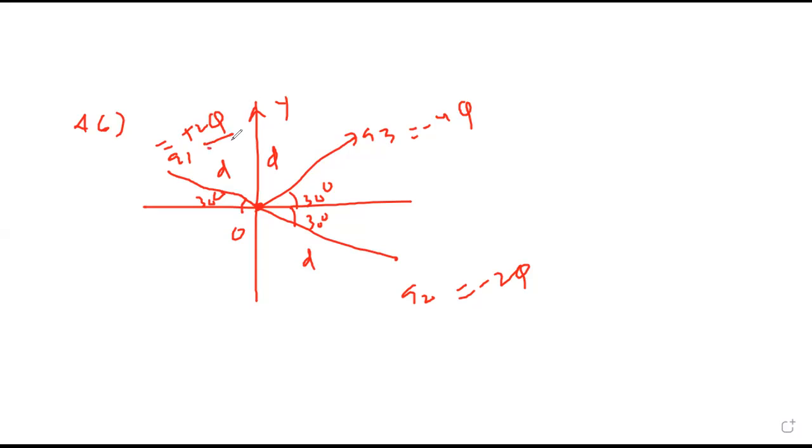Plus 2Q is positive, so electric field E1 will be directed outward, and E1 will be 1 upon 4 pi epsilon naught, charge 2Q, distance d square, directed outward.